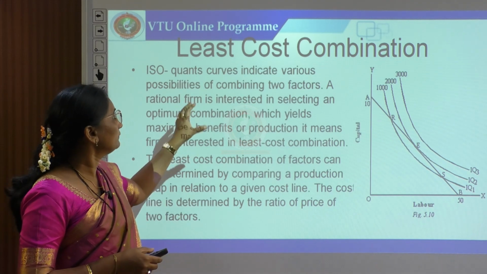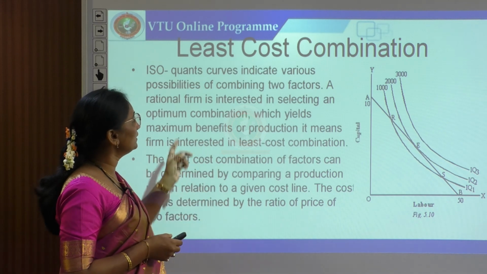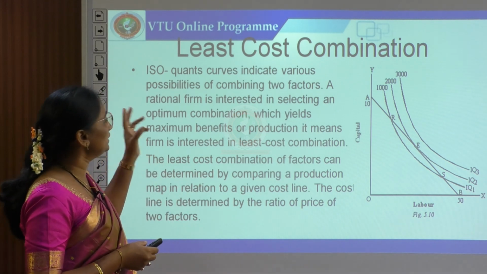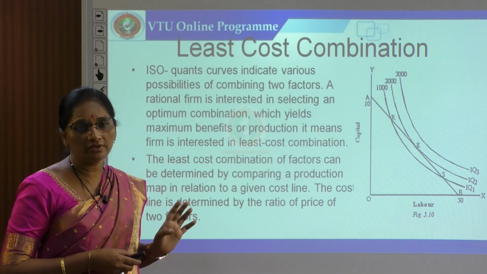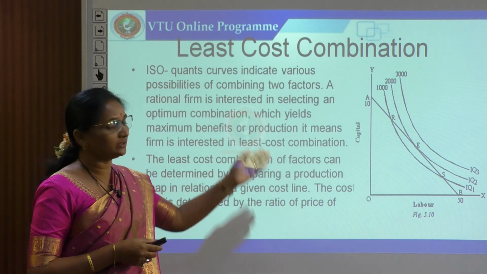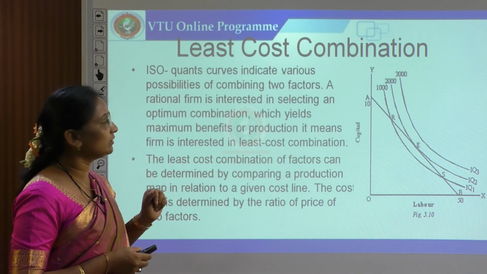Keeping that in mind, economists have identified the least cost combination. The producer can go with the least cost combination instead of going with any combination we understood earlier. They use the same isoquants, and they take the budget line or the cost line to explain the least cost combination.